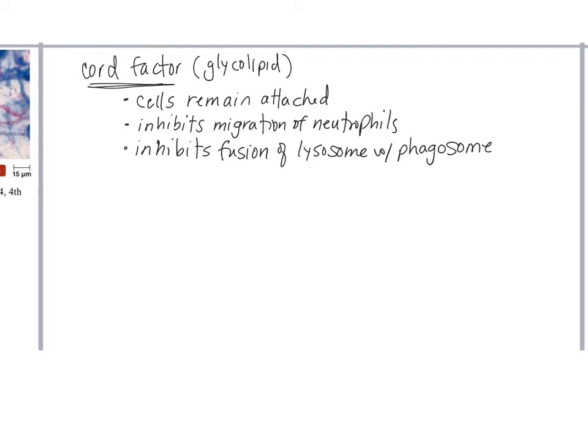In addition to cord factor, there's some other mechanisms that prevent the macrophage from actually becoming activated, and an activated macrophage in some cases is able to do better at killing within the phagolysosome. So there's some other things beyond this, but we'll just mention cord factor for now.